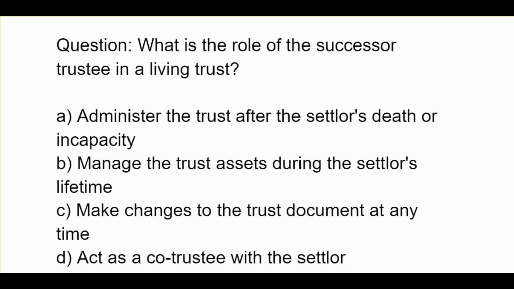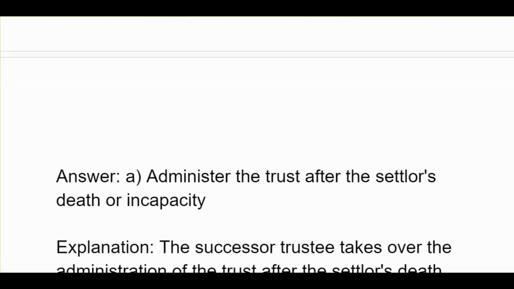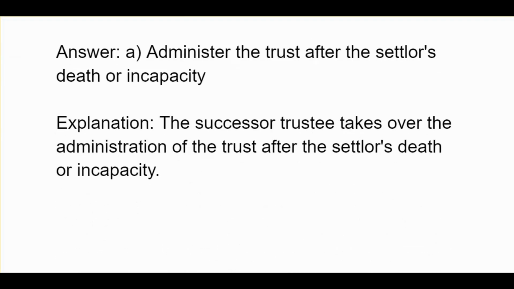D. Act as a co-trustee with the settlor. Administer the trust after the settlor's death or incapacity. The successor trustee takes over the administration of the trust after the settlor's death or incapacity.